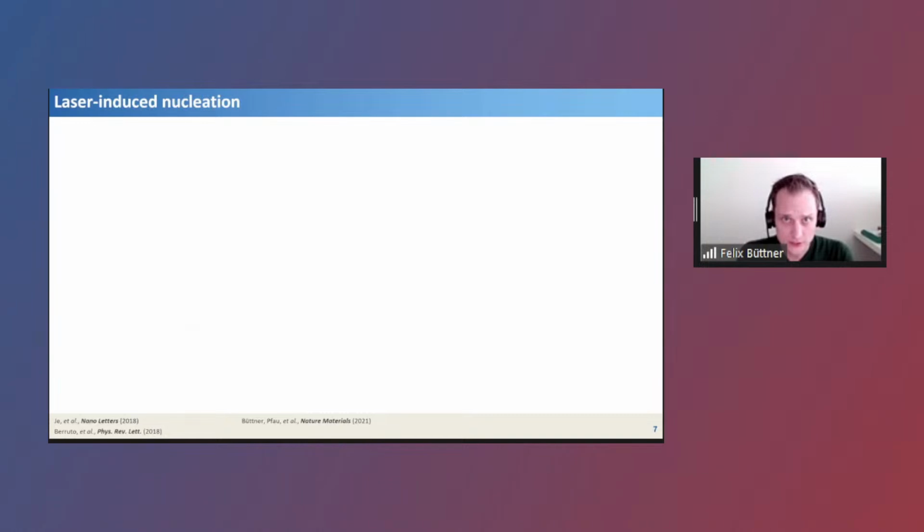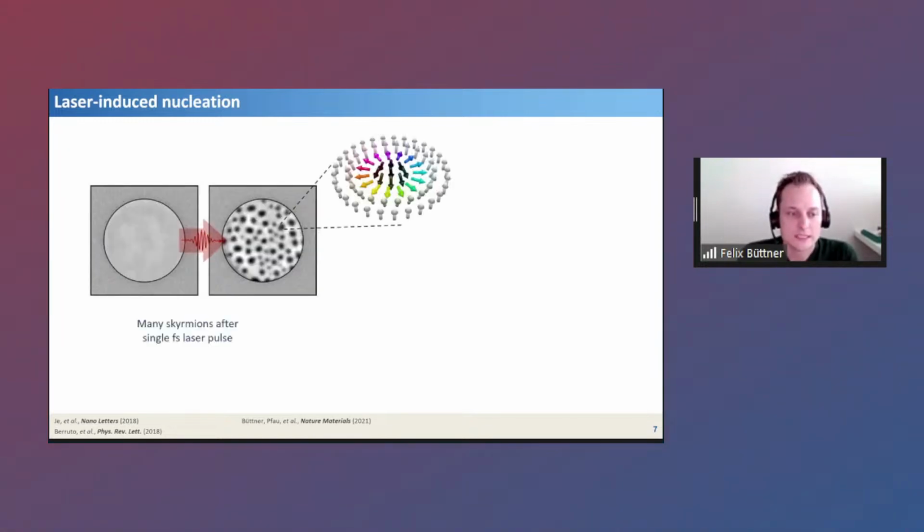Quite differently from that is the phenomenon of laser-induced nucleation. There are a number of differences, but I want to highlight two. The first one is that if we illuminate an initially saturated magnetic sample by a single femtosecond laser pulse, we get an entire array of skyrmions, hundreds or thousands of skyrmions after that laser pulse. So we have a very high density after just one pulse.